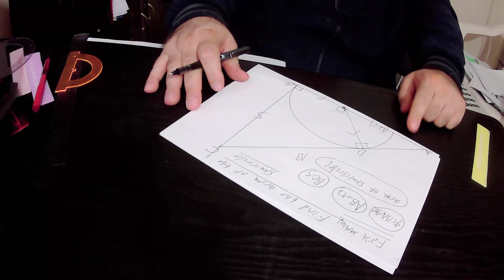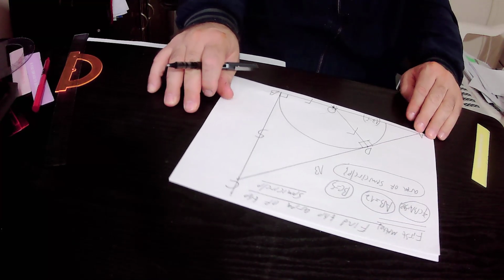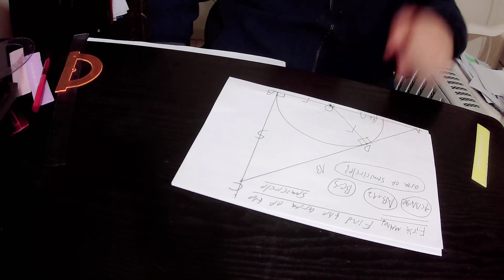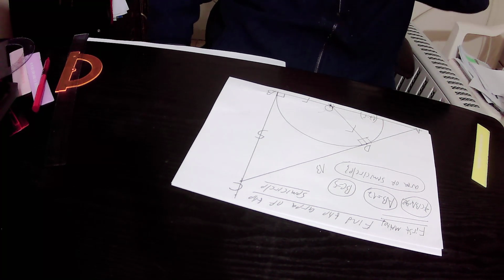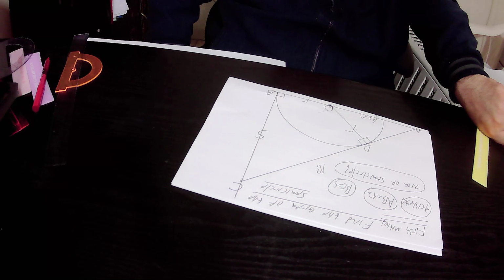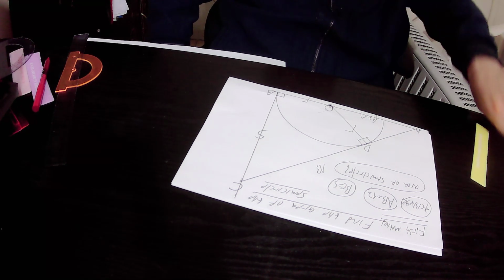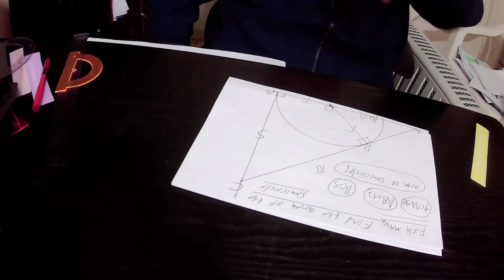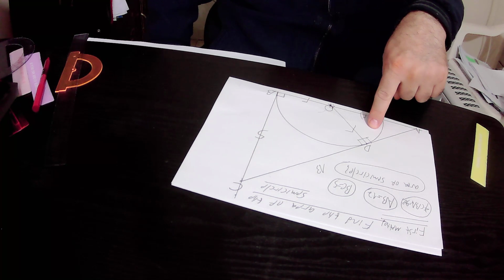We can implement the Pythagoras theorem also in the right triangle ADO. But before that, we will focus on triangle ABC, and we will also focus on the right triangle ADO.